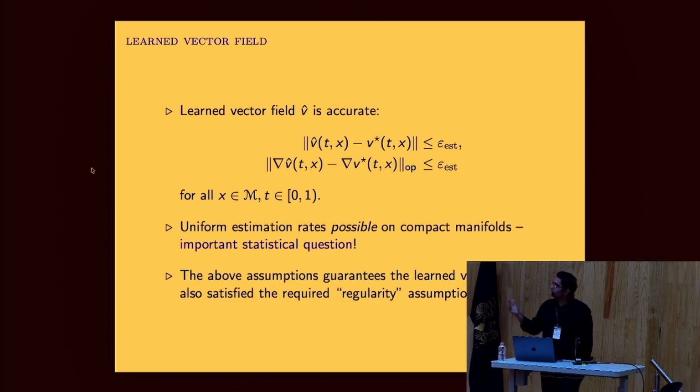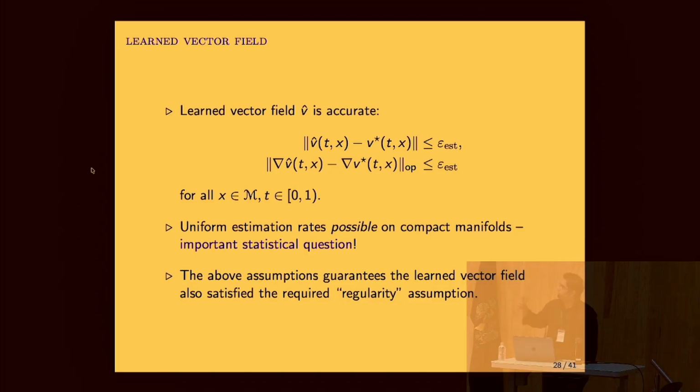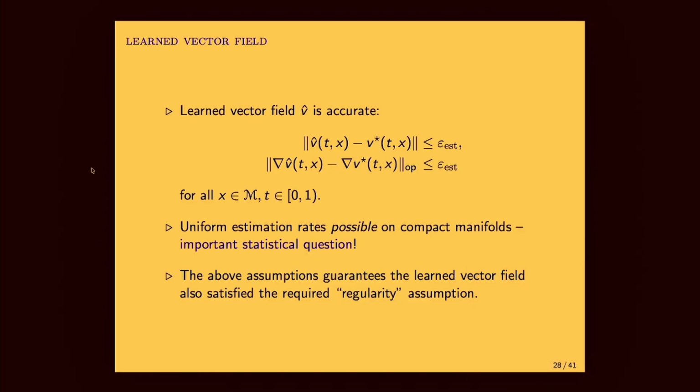Now I'm going to assume that the learned velocity field is sufficiently accurate. Because I'm on a compact manifold, I assume that uniformly on the compact manifold, the velocity field is epsilon accurate. Because it's an estimation error, I denote this by epsilon estimate, right? Proving these rates is another interesting question.